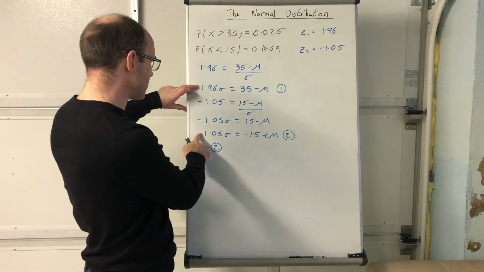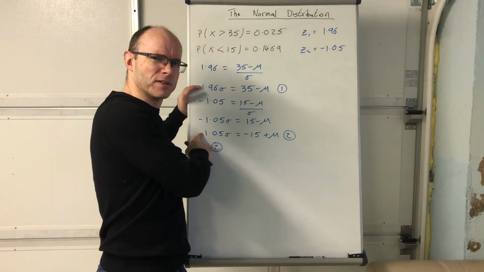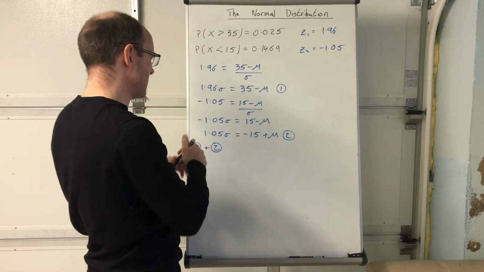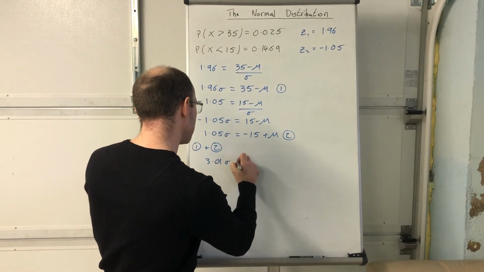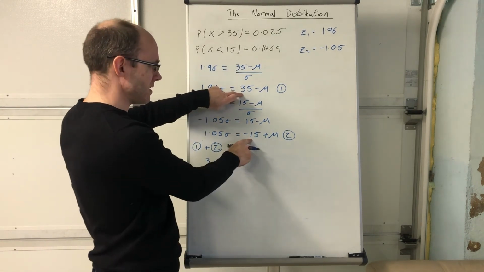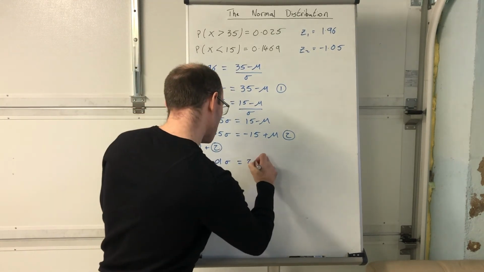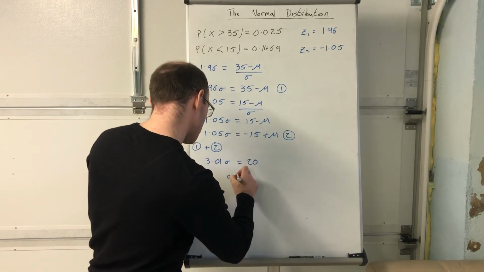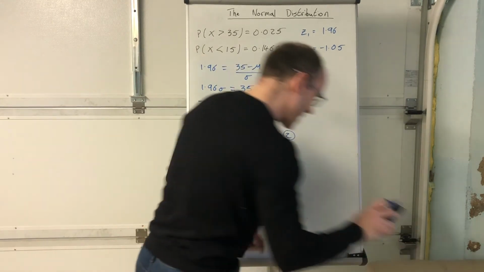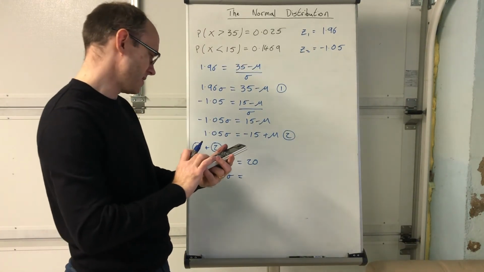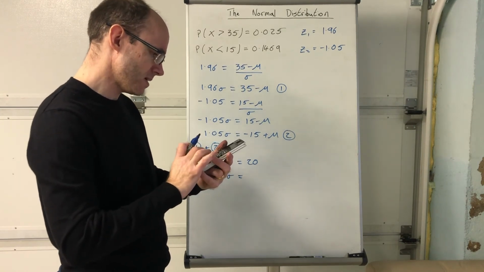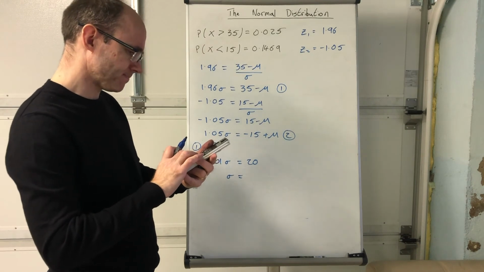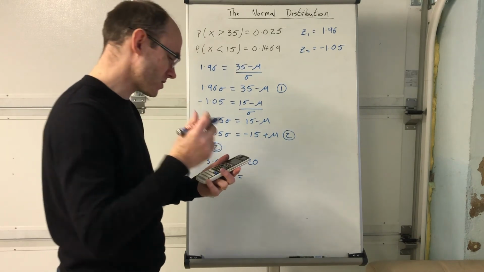So that plus that would have been lovely if it turned out to be 3, but it doesn't, does it? Of course, it turns out to be 3.01 sigma is equal to, and then that plus that is 20, and of course the mu's cancel. So sigma is going to be 20 divided by 3.01, using my calculator, and that gives me, I'll tell you what, I'm going to write down the fraction as well.